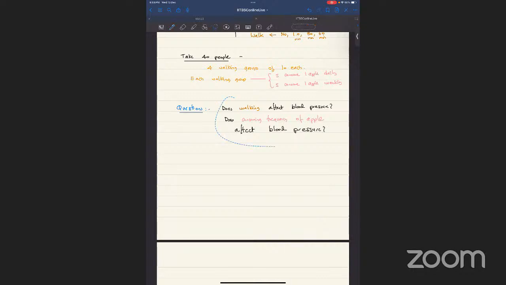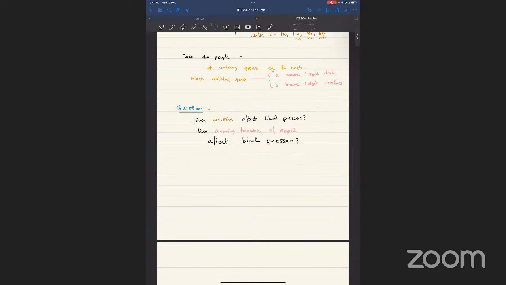Right? This is one thing one could think about. Then of course the crucial thing you understand is, are they connected?